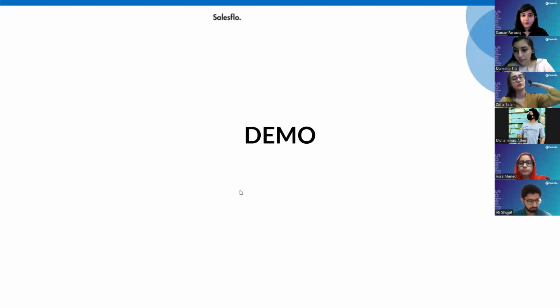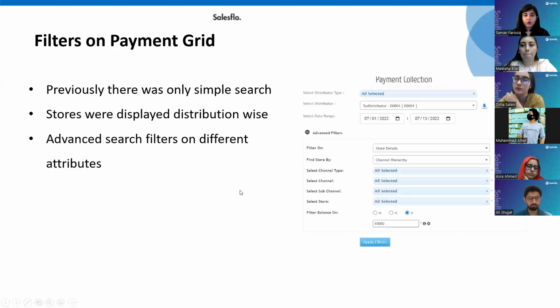So yeah. Okay. Moving on. The next feature that we worked on is filters on the payment grid. Anyone who has been using our payment collection module would know that previously there was only a simple search option available, and if you selected the distributor, then all the stores against whom a ledger was available were simply displayed.